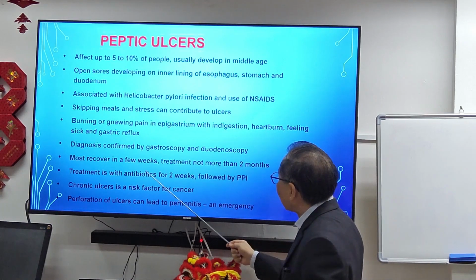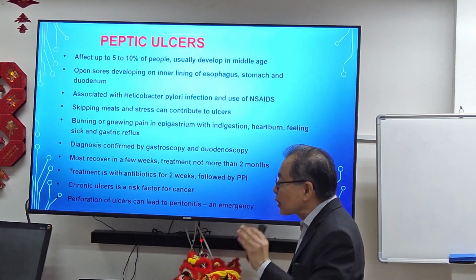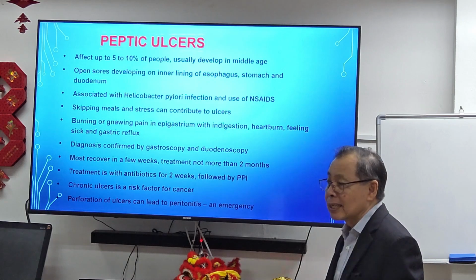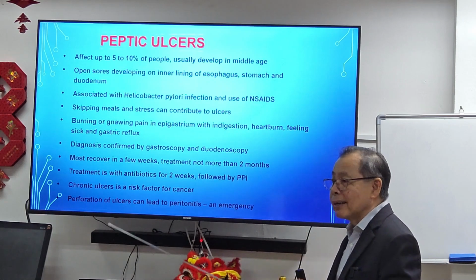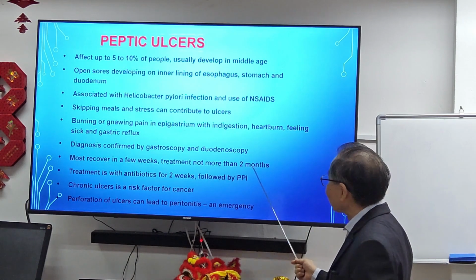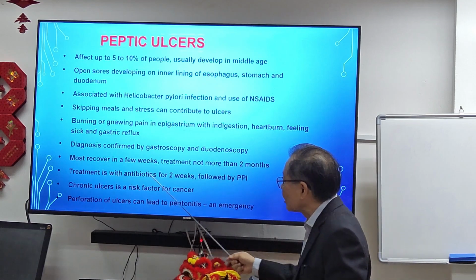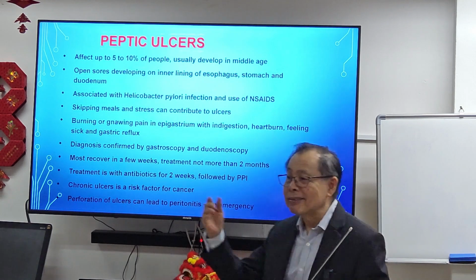And most of the time, if it's mild, it recovers in a few weeks. In fact, if it's just one episode, it will recover within less than 2 months. So you give antibiotics because of the Helicobacter, right?